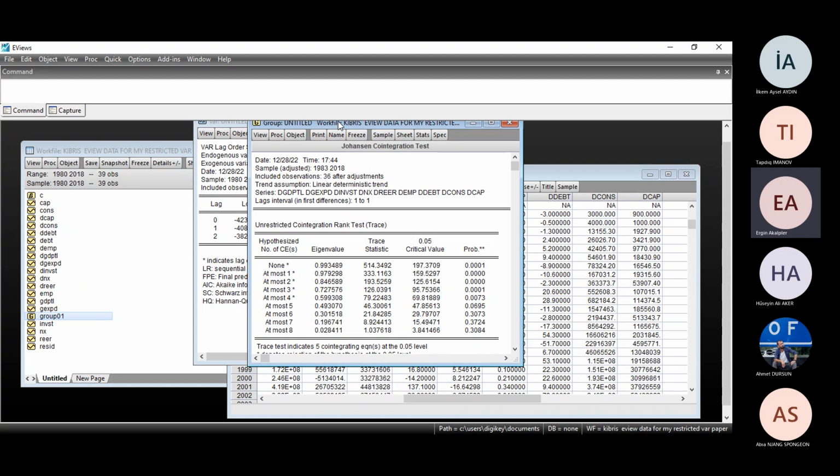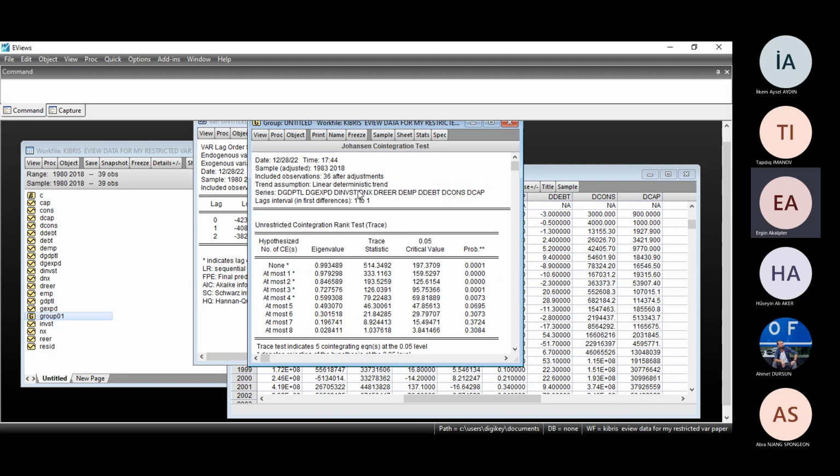As you are observing here, at most 1, 2, 3, and 4 are more than the test critical value, and at most 5, 6, 7, 8 are less than, which is also convenient. If it is less than the test critical value and the probability is higher than 0.05, we cannot reject the null, and we employ the vector error correction.